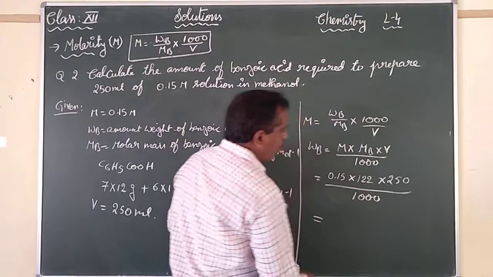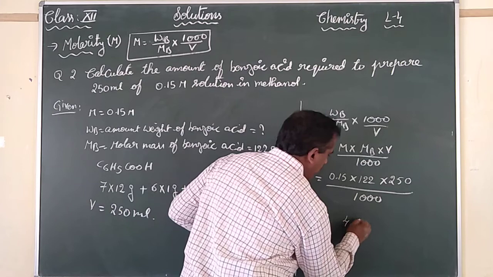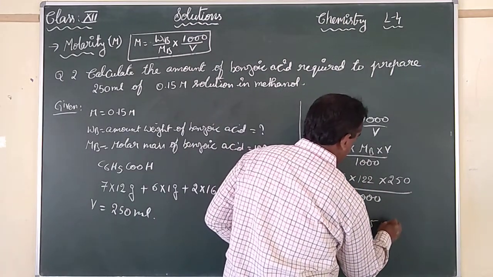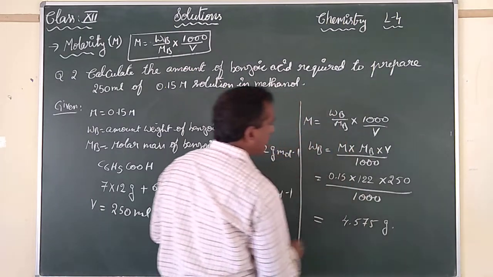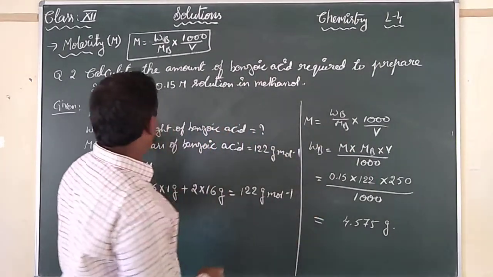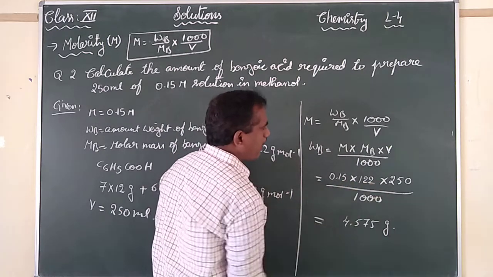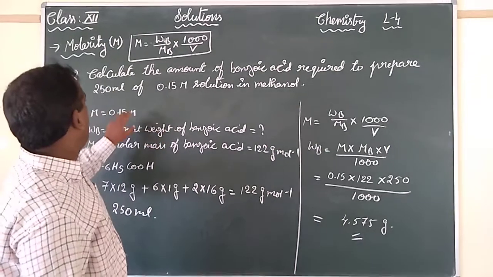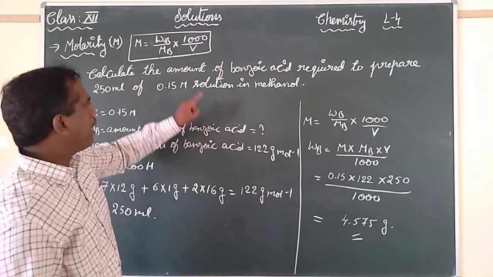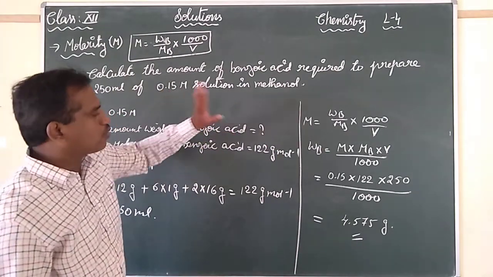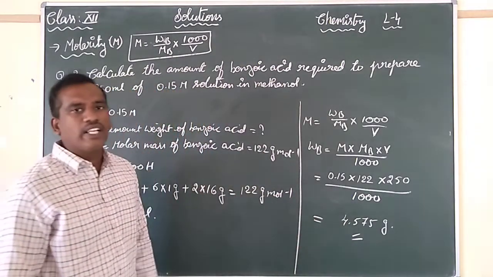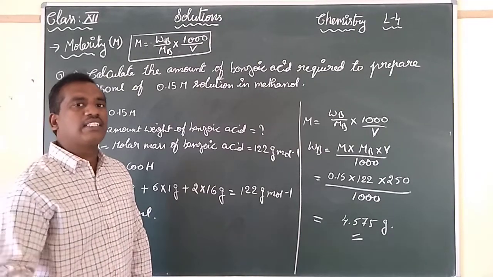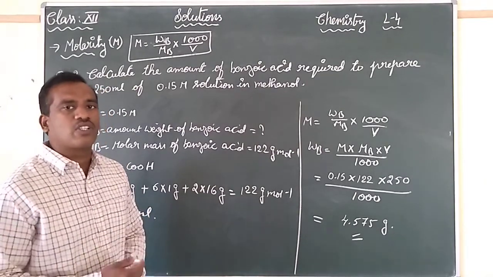It's around 4.575 grams. How much will you be getting? Grams. Because 0.15 molarity is given, that will be cancelled. So the amount of benzoic acid required here to prepare 250 ml of 0.15 M solution is 4.575 grams. Let us see the next important way of expressing concentration of solution.